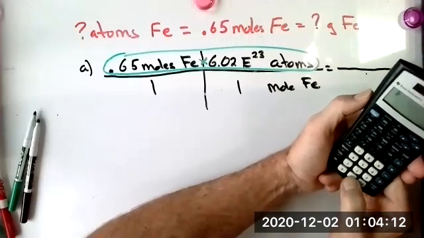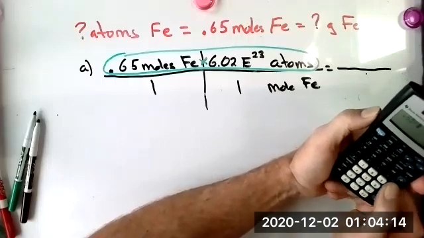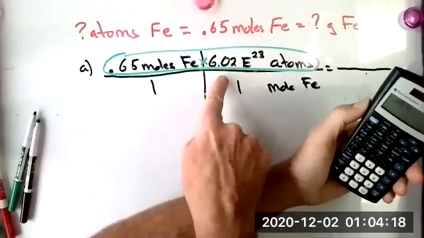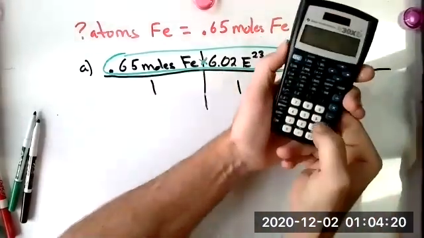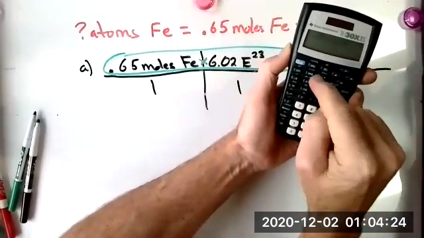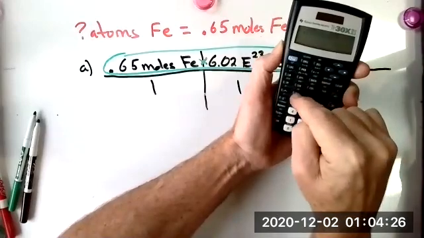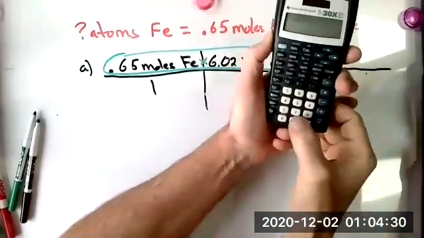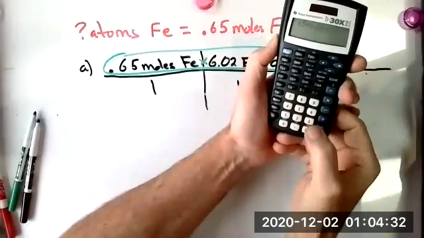Okay, so I'm going to take 0.65 and I'm going to times it now by this number. You have to know how to put this in a calculator. 6.02. I want to get to that double EE, so I'll press second. I got the double EE, and now I'm typing in 23.